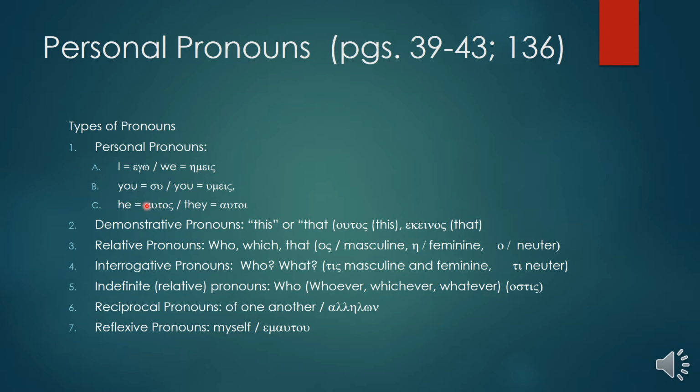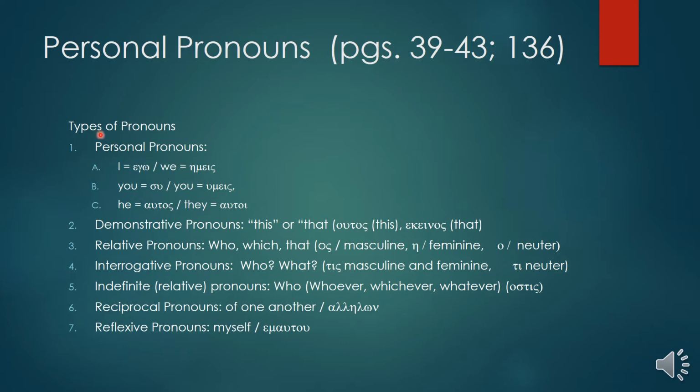If it's her, it's aute. We'll see this later. And if it's it, it's auto, neuter. He, autos, aute, or auto. We'll talk about that later. The plural is autoi. Autai will be the feminine, and then you'll have your neuter, autai also.